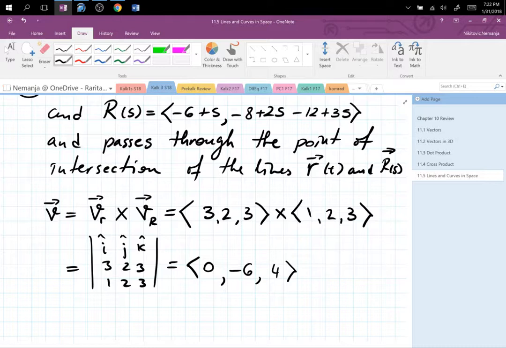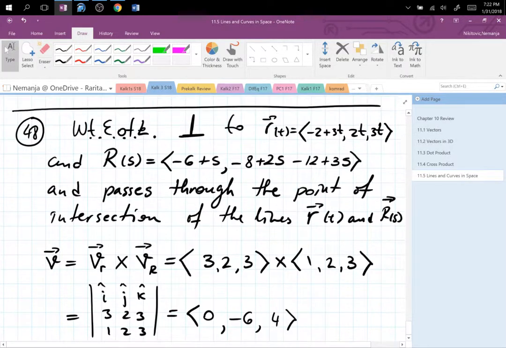I'm confused about the part where you figured out what v is. Which v? We have 3 v's. This v? Yeah. Because we said in the problem that the new line you want to write needs to be orthogonal to the other 2 lines.